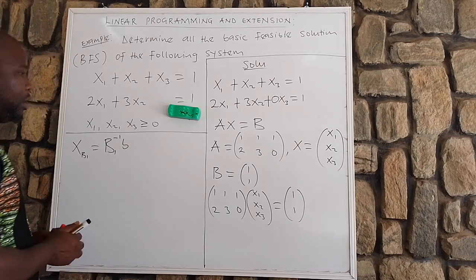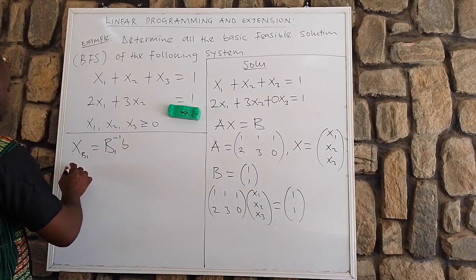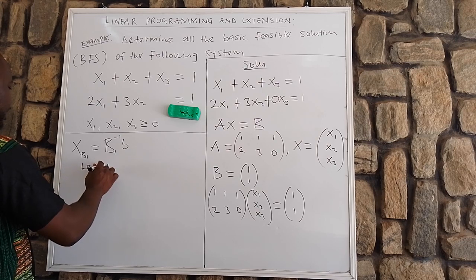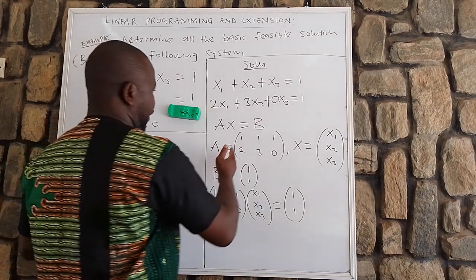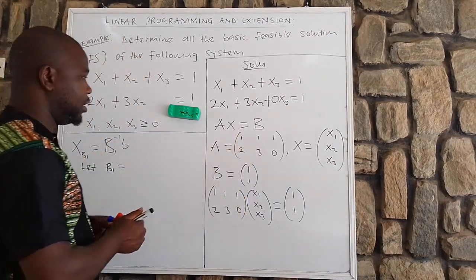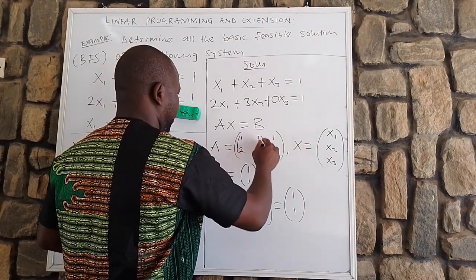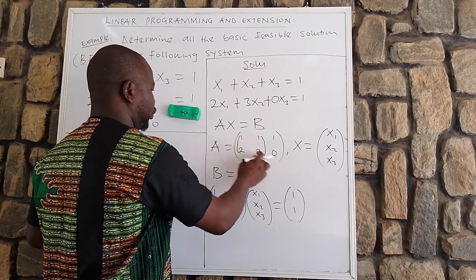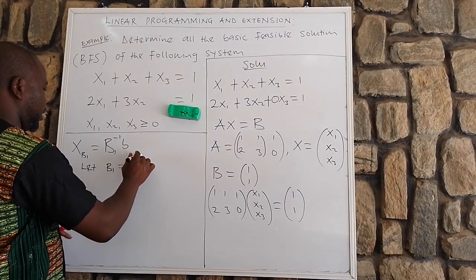How? Okay, we now say let B1 be equal to, because we want to make it a 2 by 2 matrix, this matrix: 1, 1, 2, 3.